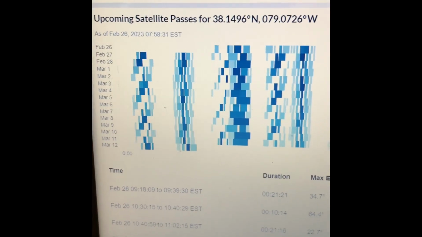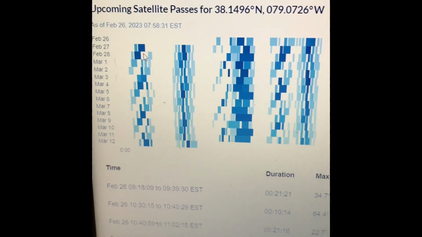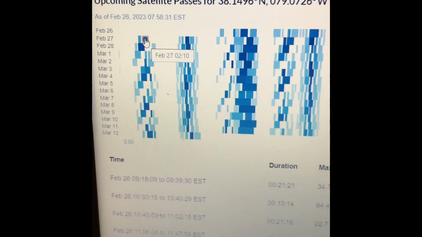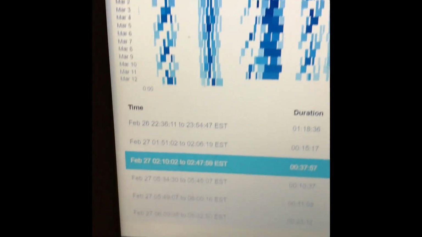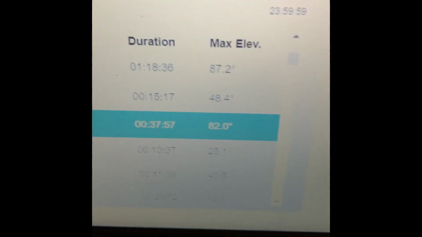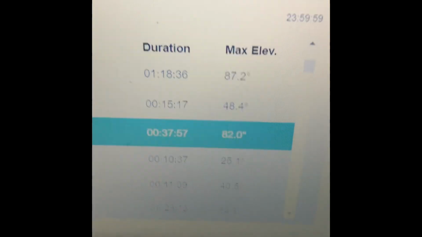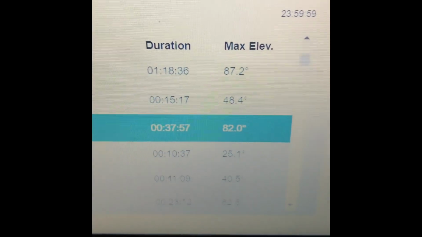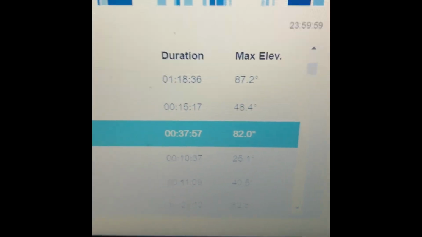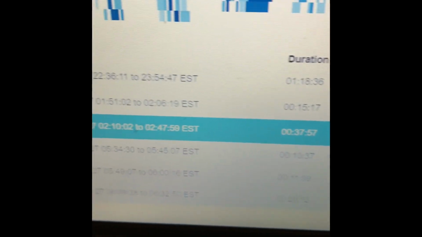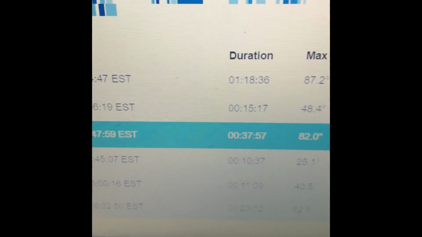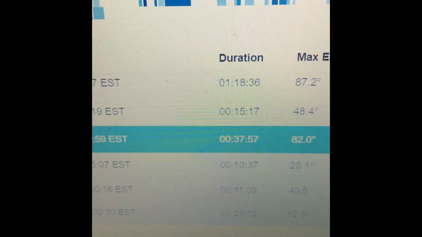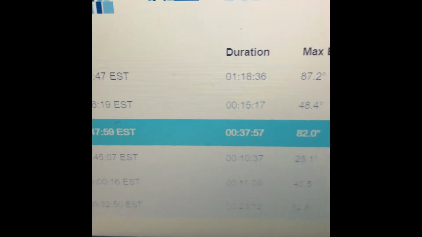So this blue block right here, we select it, gives us a pass that has a maximum elevation of 82 degrees, which is pretty good, pretty high in the sky, 90 degrees, of course, being the maximum. And we also find out that it's a pass of duration of almost 38 minutes.